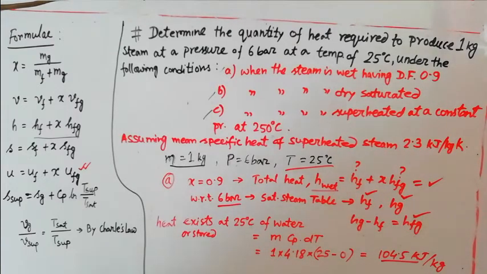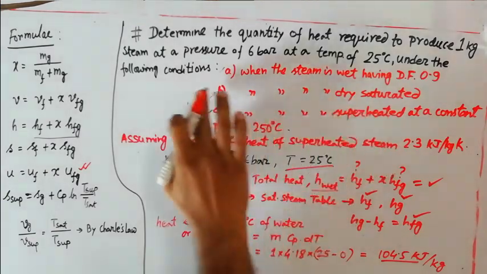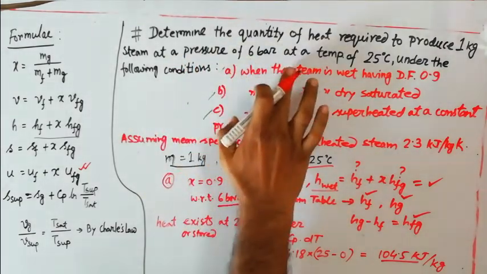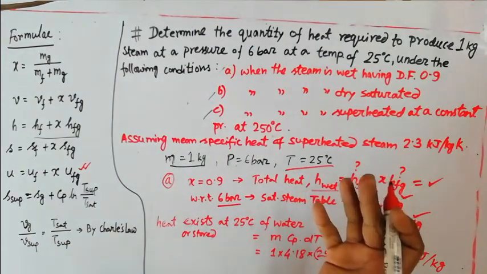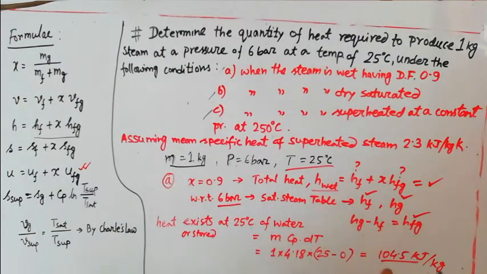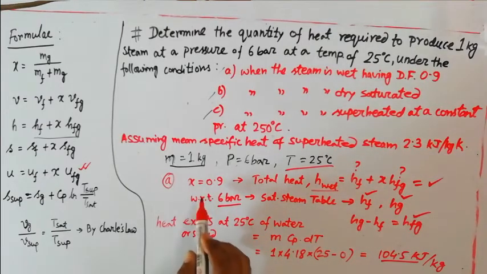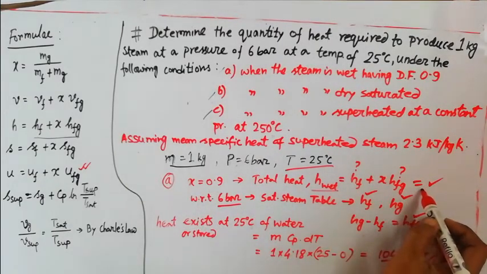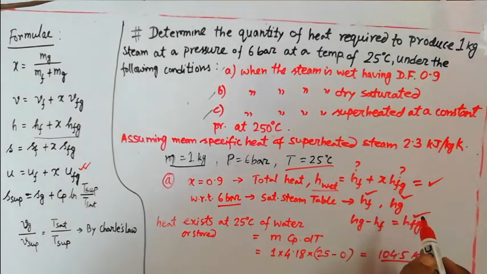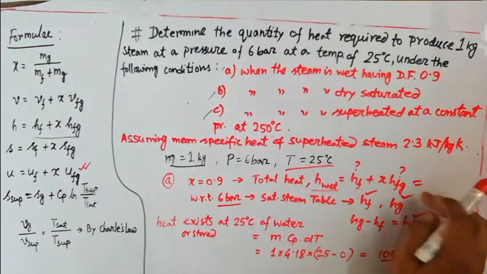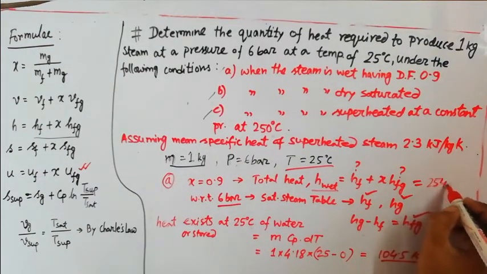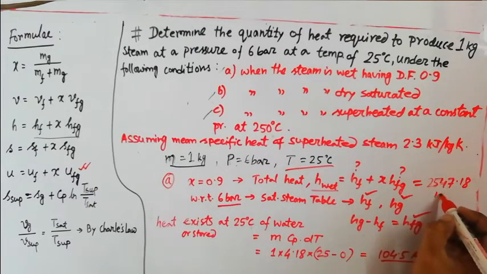Now, what additional amount of heat is required? You have to determine the quantity of heat required to achieve this particular condition, that is 0.9 dryness fraction. At 0.9 dryness fraction the enthalpy is already known to us, that value is 2547.18 kilojoule per kg.